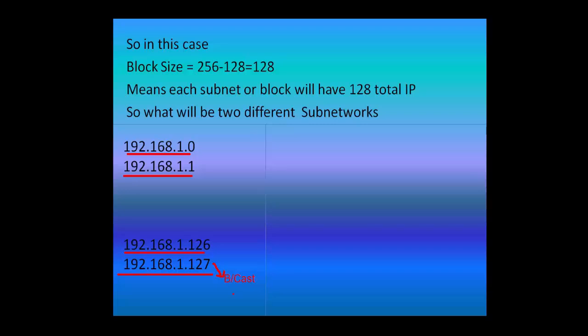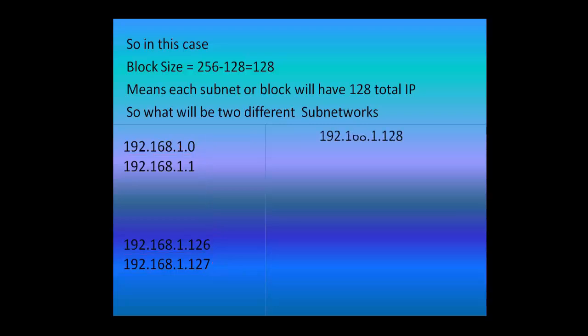This is the valid IP range in this block, and this will be the network ID. But you have to keep in mind that when configuring these IPs on any device, the subnet mask should be the one that we calculated in our previous slide.